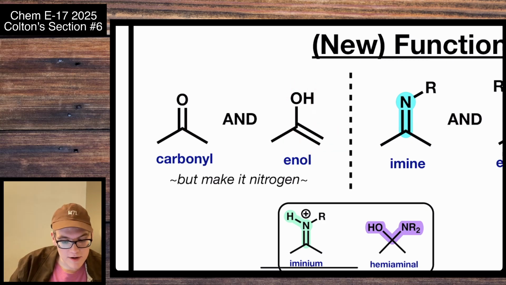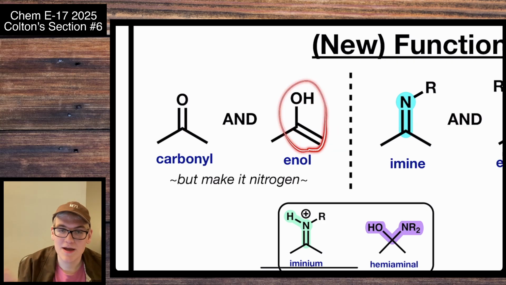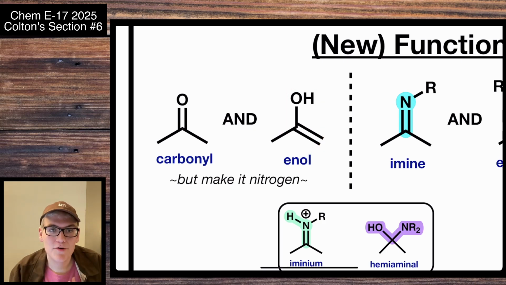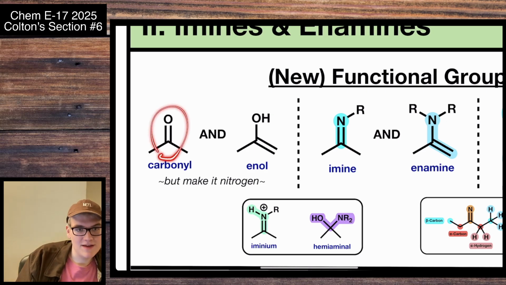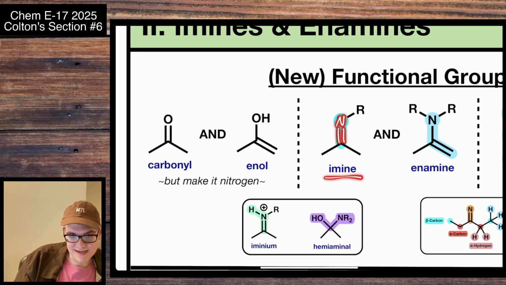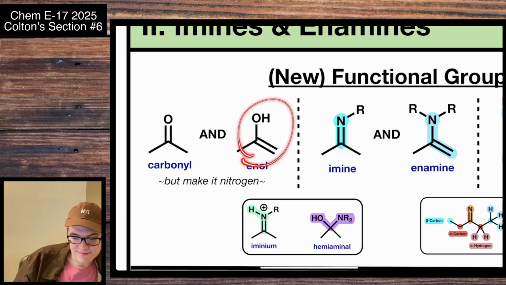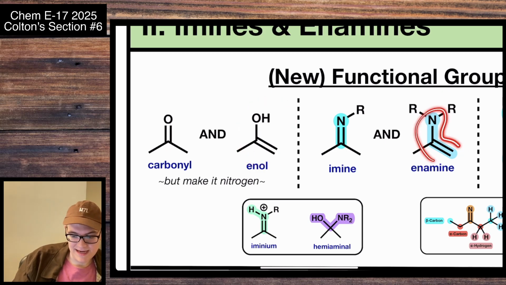You're going to see her probably in lecture 10. She's going to come back. But the reason why I'm putting her here is because now we have the nitrogen flavors of these guys. The nitrogen version of a carbonyl we call an imine, with an I. And then the nitrogen version of an enol we call an enamine.